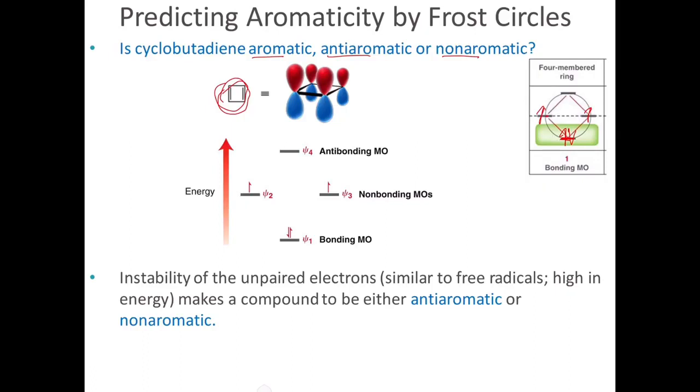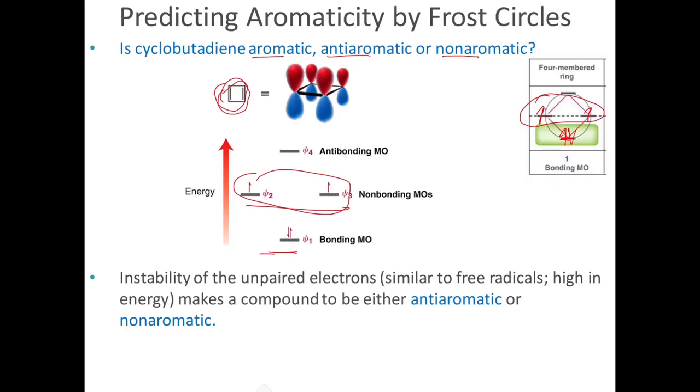Okay, so then we end up having 2 that are not paired. Now, once you draw the Frost circle, you can just transform it into the molecular orbitals with energy levels, where you have the lowest, then these ones are in the non-bonding, so these are degenerate. Because they are degenerate, we have to follow Hund's rule.